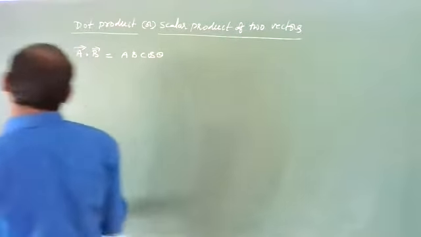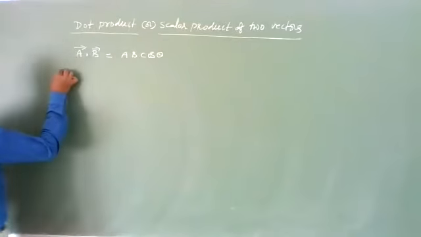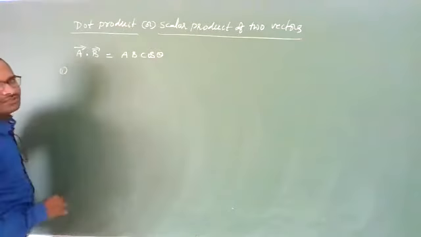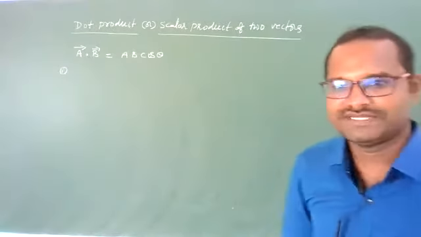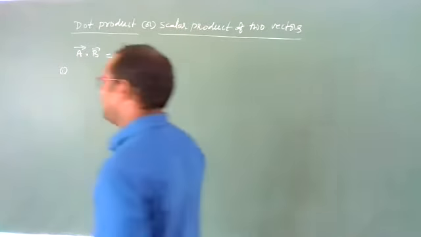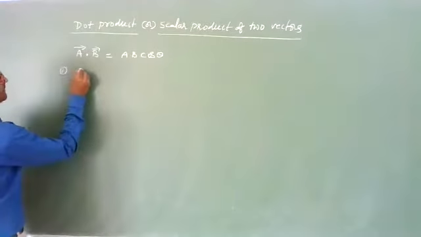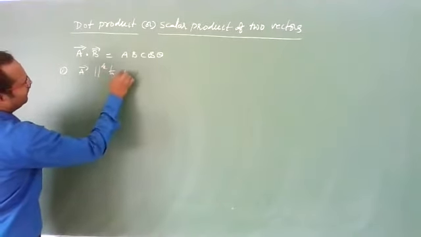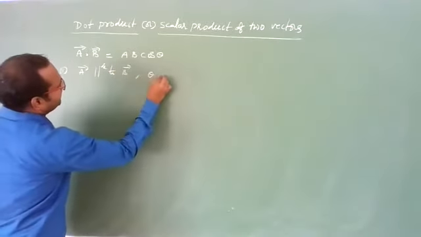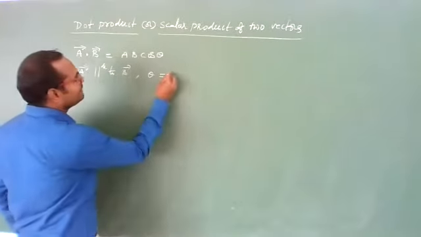Now let us see the properties. First property: let us suppose two vectors are parallel to each other, A bar is parallel to B bar. Then what will be the angle between them? The angle between them is 0 degrees.